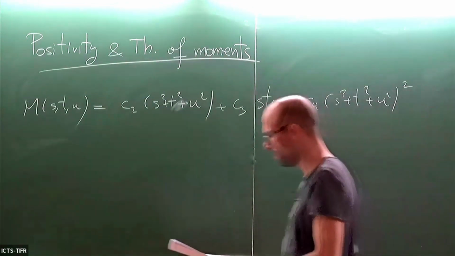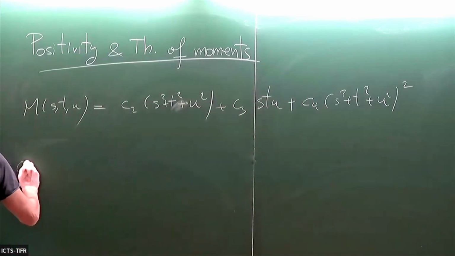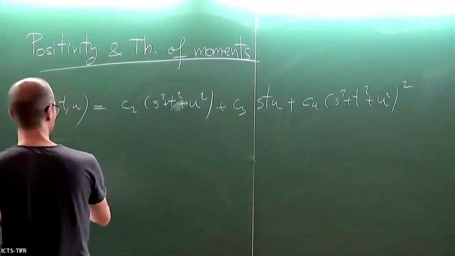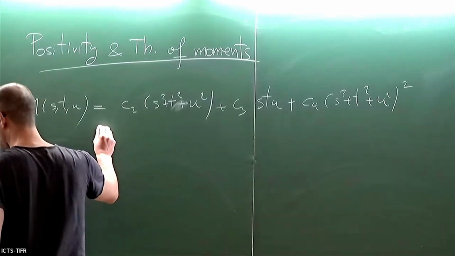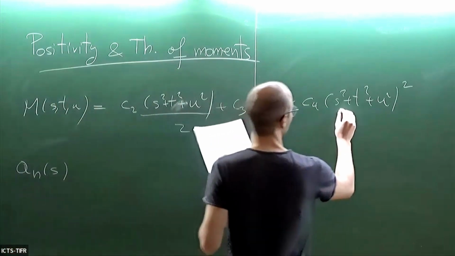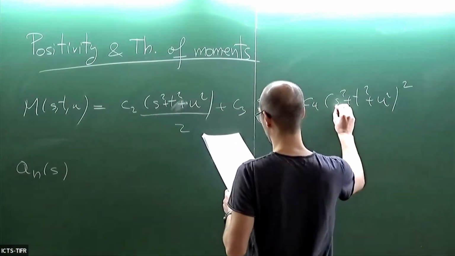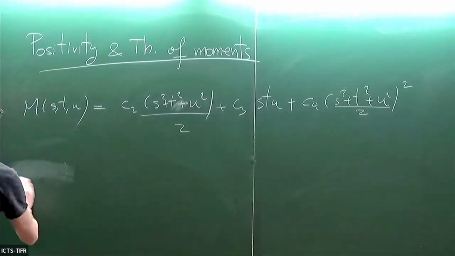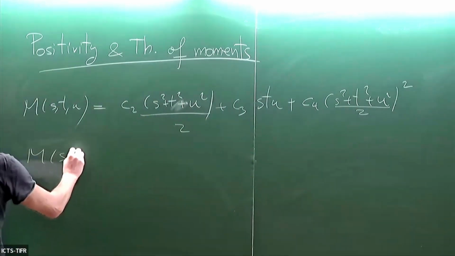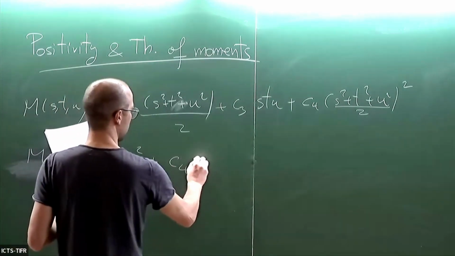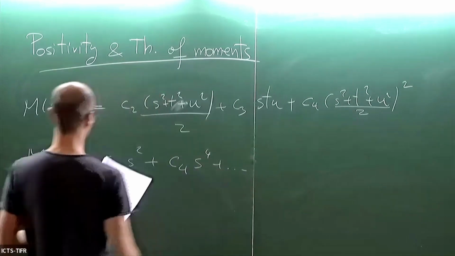Let's consider the arcs, again for the time being in the forward limit. So in the forward limit, maybe there's a factor of 2 here in the definition, and a factor of 2 here, so that in the forward limit this becomes C2 s squared plus C4 s to the fourth, and so on.